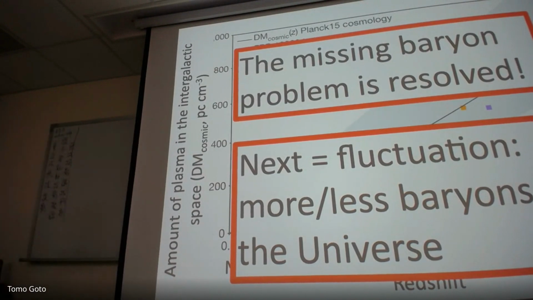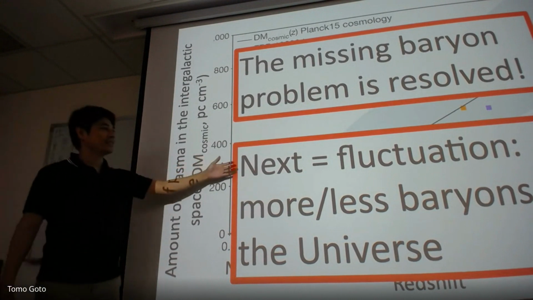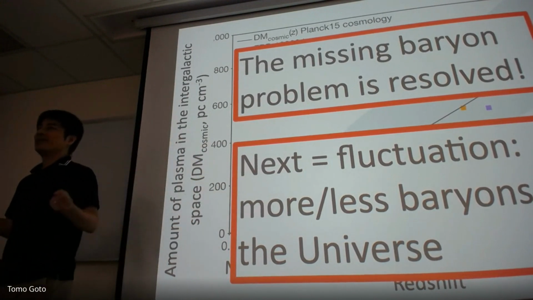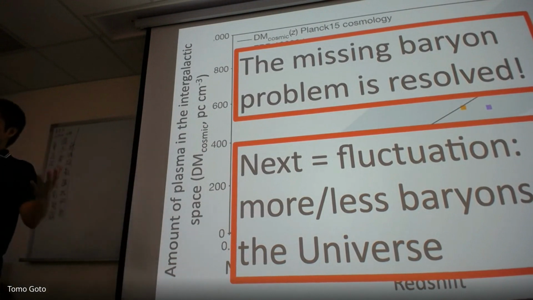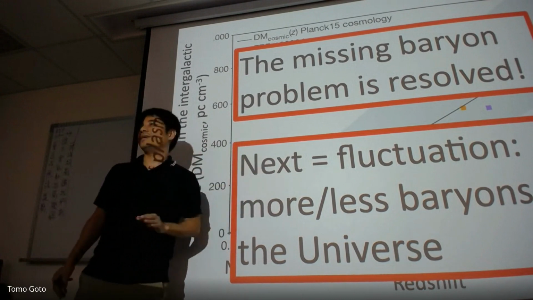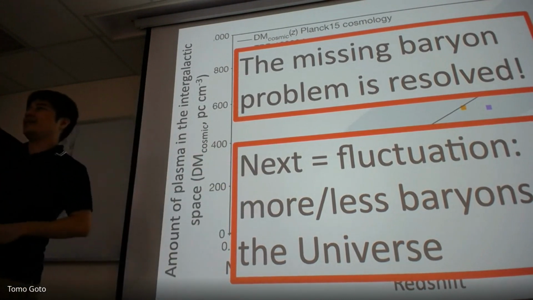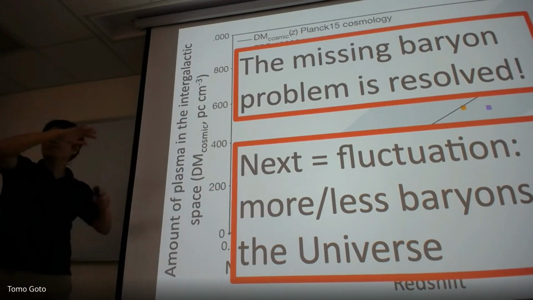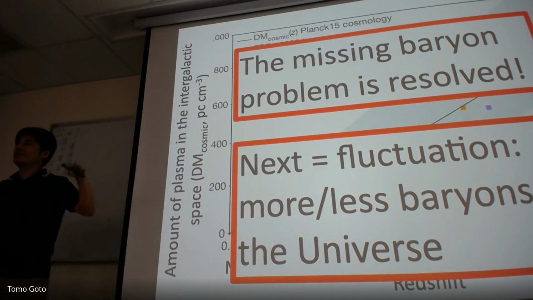And then, I don't have time. The next key question is, now the total amount is okay. They resolved the total amount of missing baryons. The next key question is, there must be high density regions or low density regions of missing baryons. There must be fluctuations in the universe.